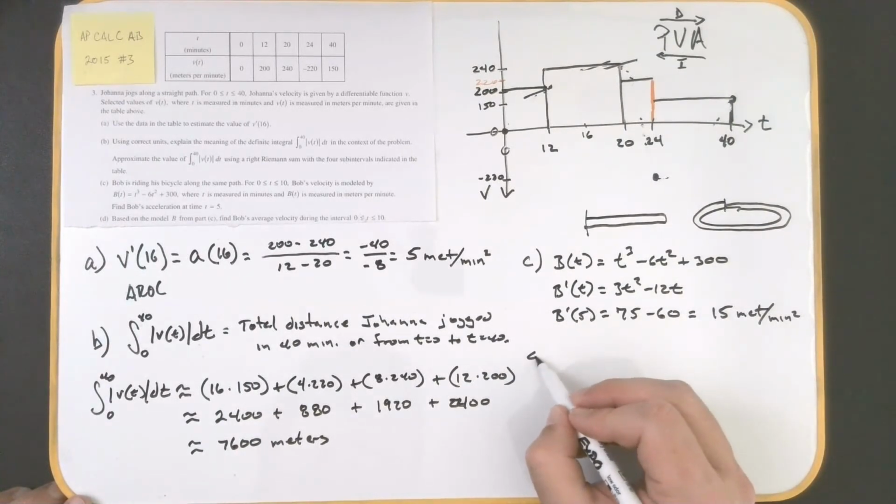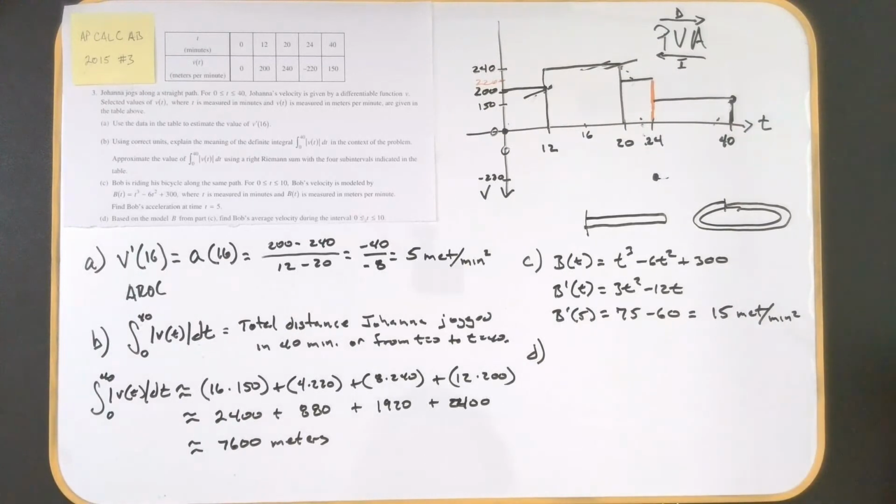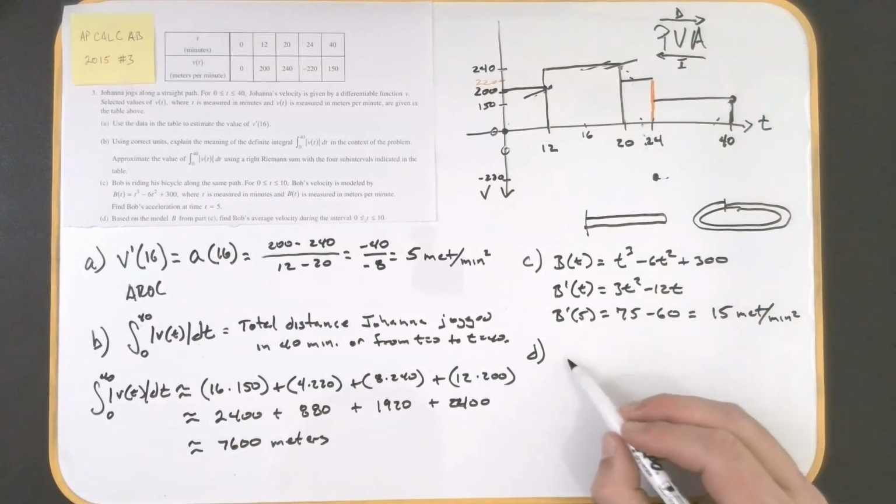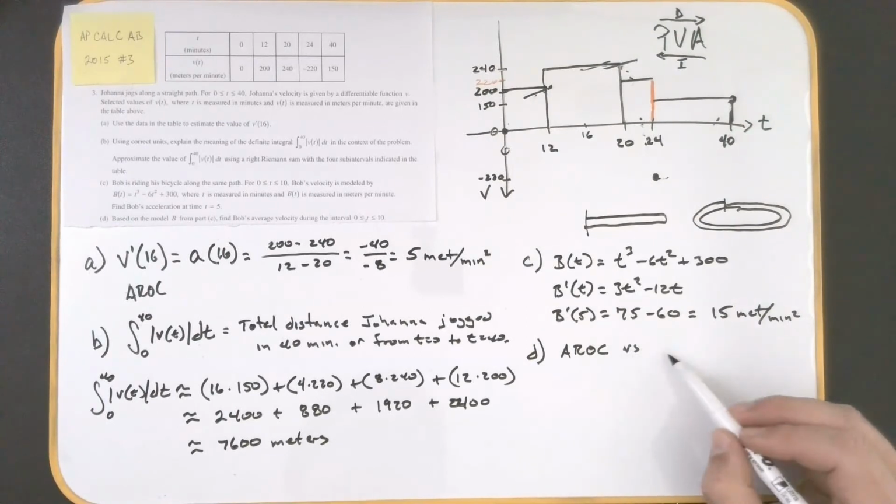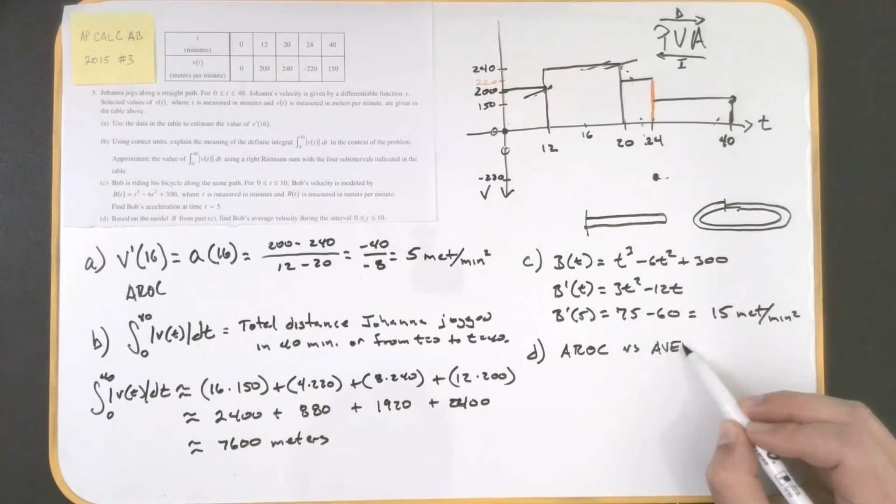All right, now we're ready to wrap it up. Part D. Part D says, based on the model B from Part C, find Bob's average velocity during this interval. Well, what they're testing you on is, do you know the difference between average rate of change versus average value?